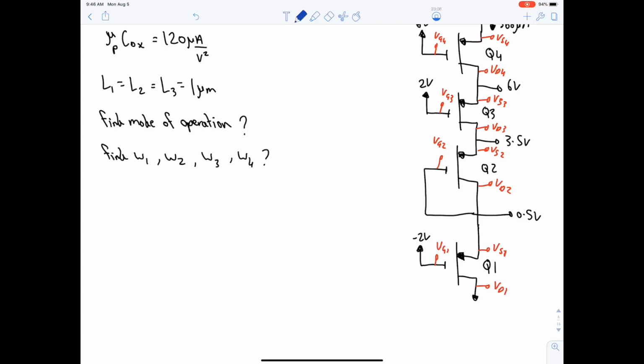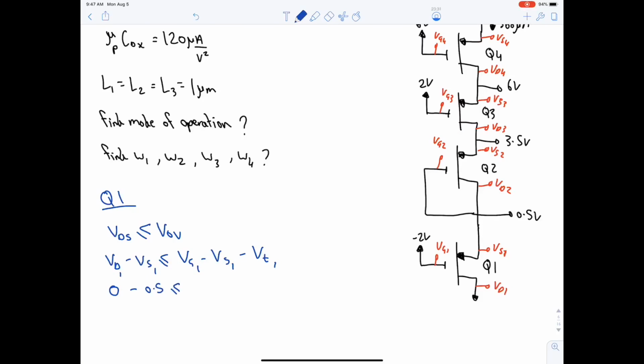So let's begin with Q1. For Q1, we will say that because it's PMOS, it's VDS less than or equal to VOV. Is VD minus VS less than or equal to VG minus VS minus VT? What's VD1? VD1 is 0. VS1 is 0.5.